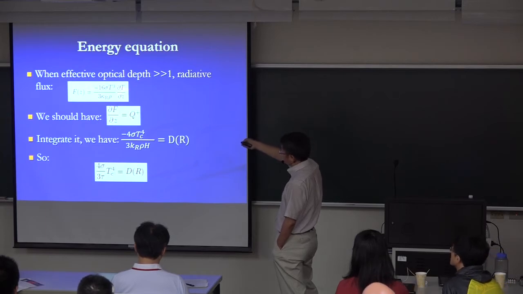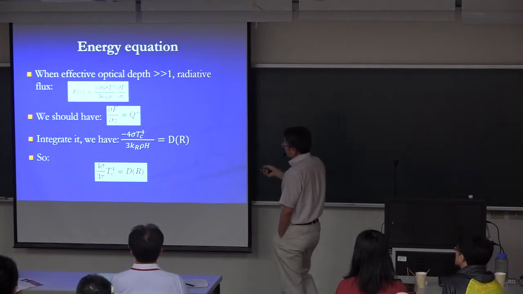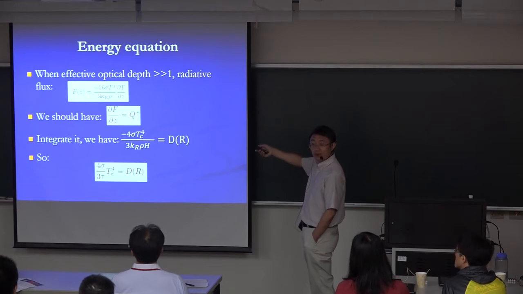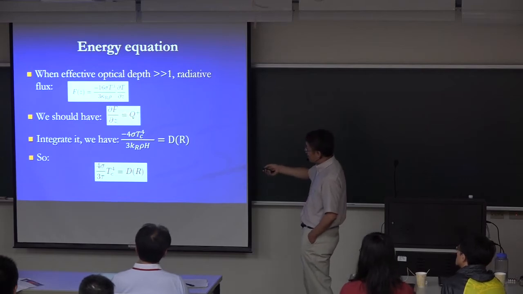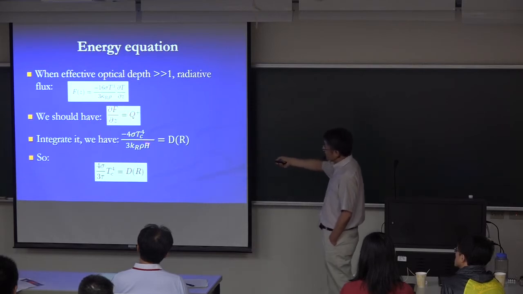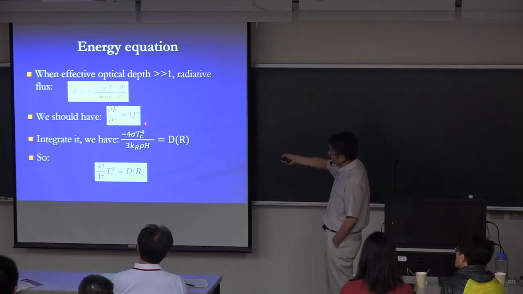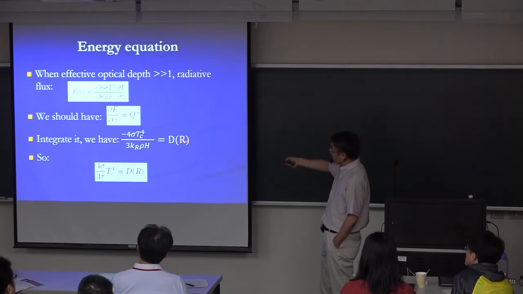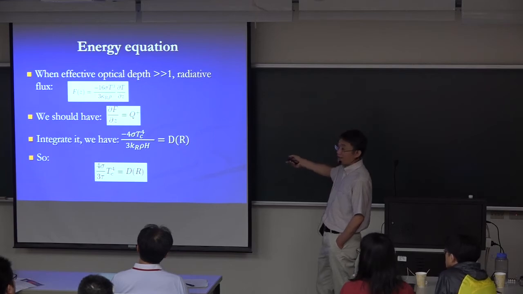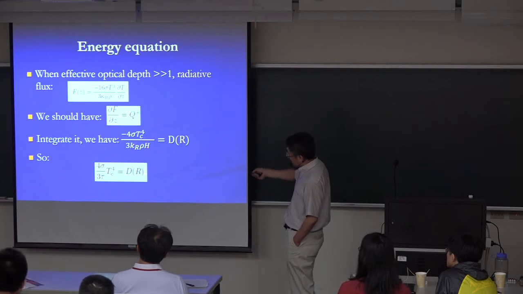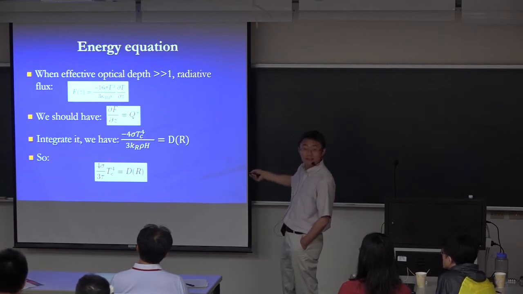This is the gradient of the temperature. Of course, the gradient of this flux should be equal to the dissipation rate. This is obvious. Integrating this equation, we get this equation, where this integration is along the whole vertical direction of the thin disk. This is the dissipation rate per unit area of the thin disk. This is why we finally get these equations.